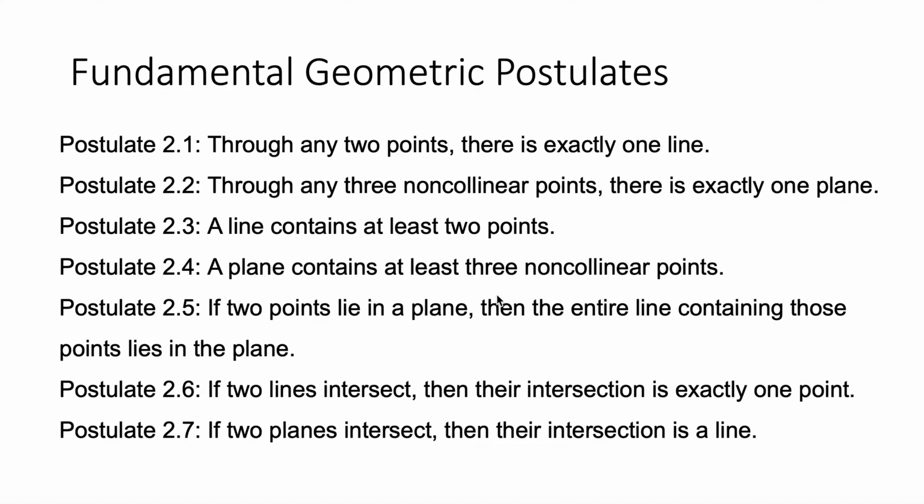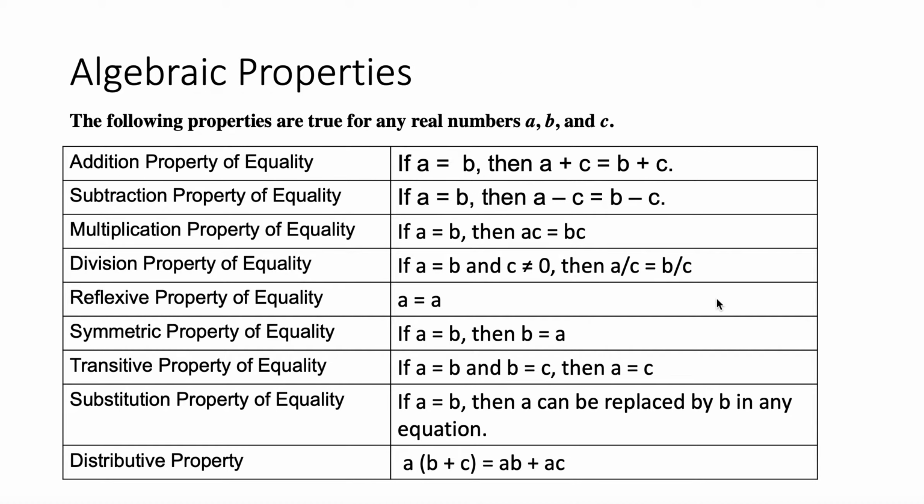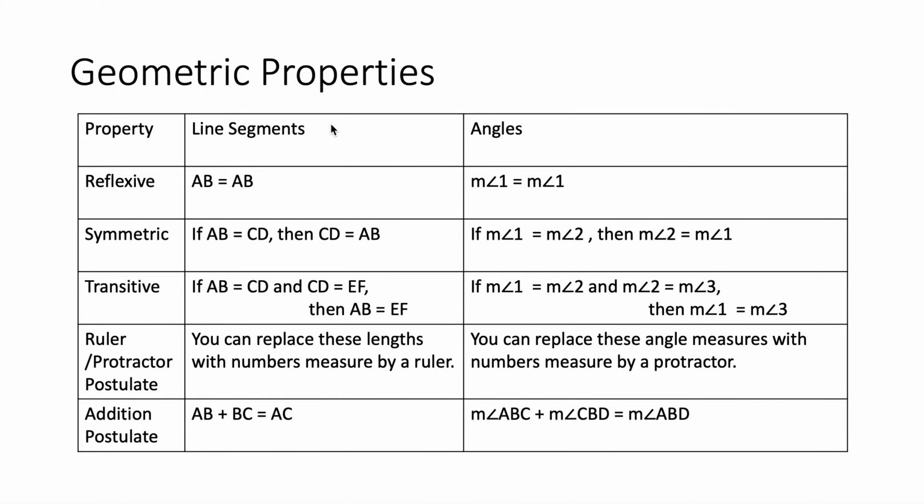In the last video, we just saw these postulates, which were the fundamental building blocks of our geometry understandings, and these algebraic properties that are always true. These are the laws that govern our logic with algebra, and especially the symmetric, transitive, and substitution properties will help us understand geometry, because those things also work in geometry.